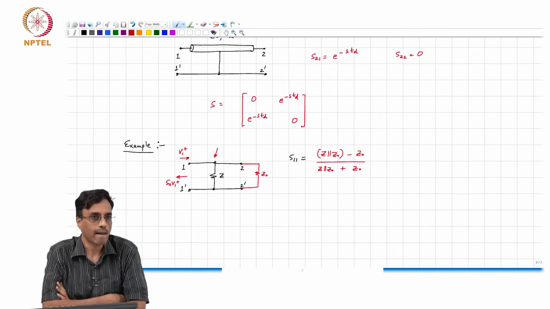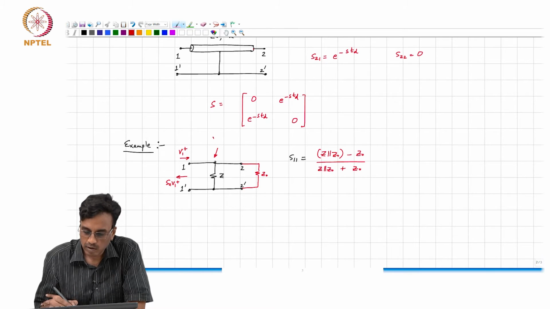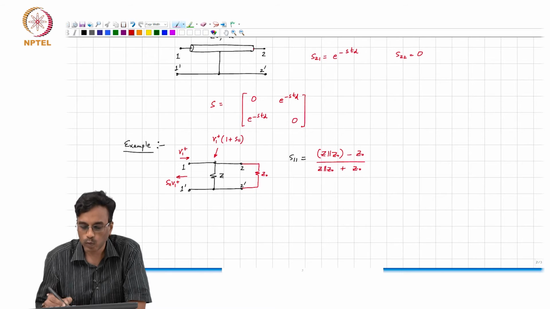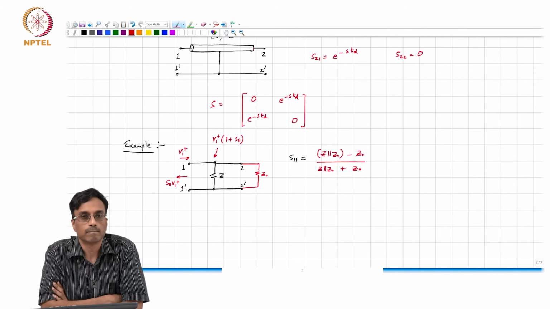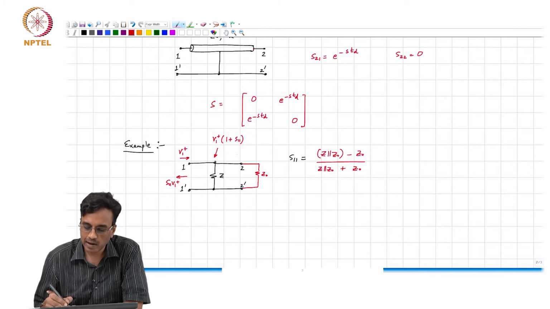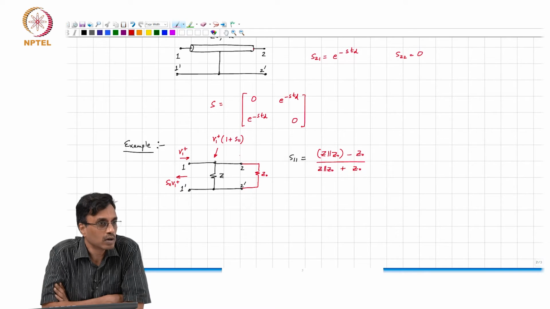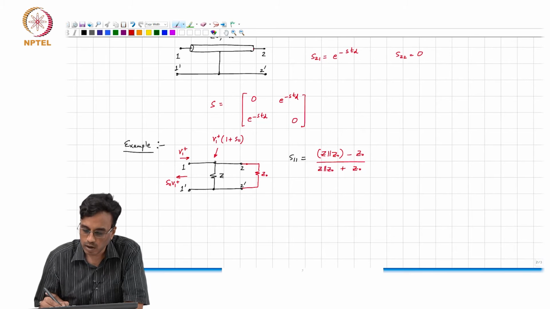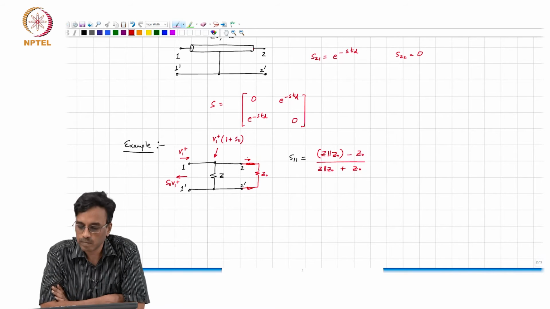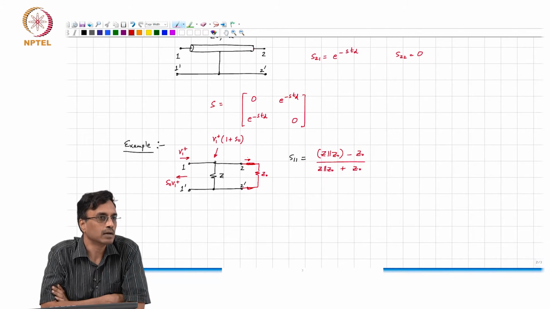V1 plus times 1 plus S11, correct. So, that is evidently the voltage also at node, that is the voltage at port 2, correct. And therefore, what comment can you make about the forward going wave here?